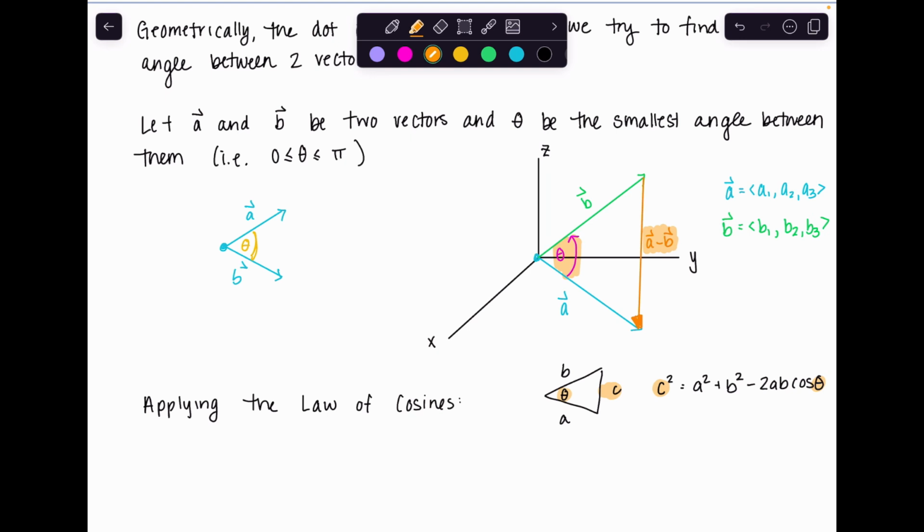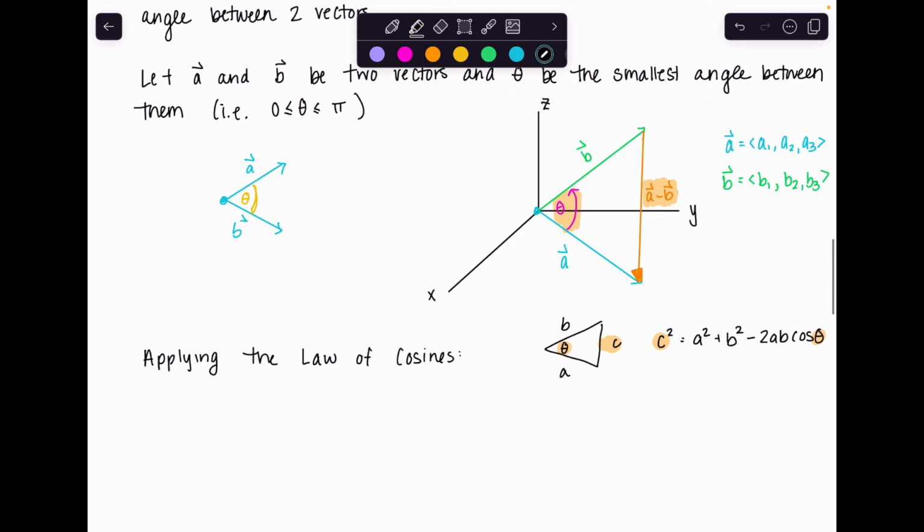So I'm applying the same kind of idea here, except instead of side lengths, I'm using the magnitude of our vectors. Applying the law of cosines, in this case, my side is the vector a minus b. So we need to find this length and square it.